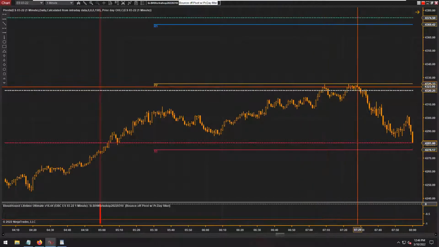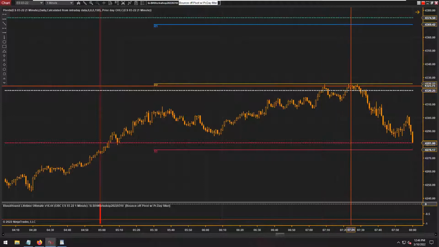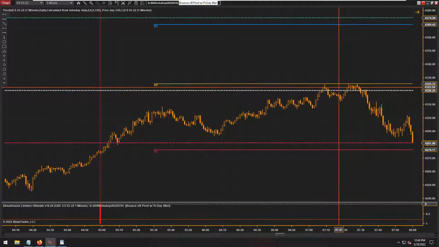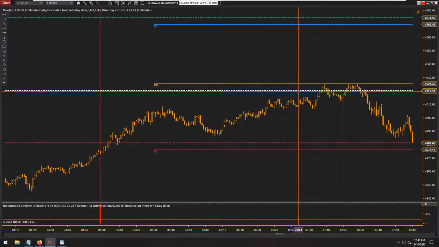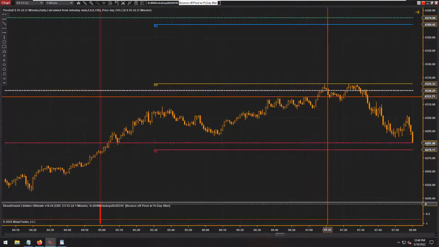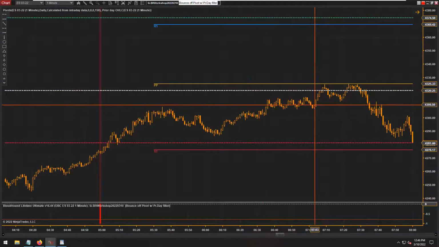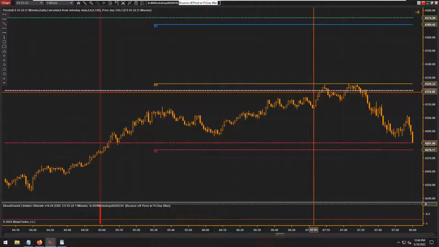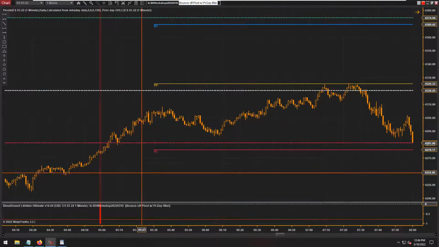So all of these bounce signals here were negated because the prior close line, the dashed white line, is only 5 points away from the PP line. So there, that's proof that our filters are working. So no signals if the prior day indicator is too close.